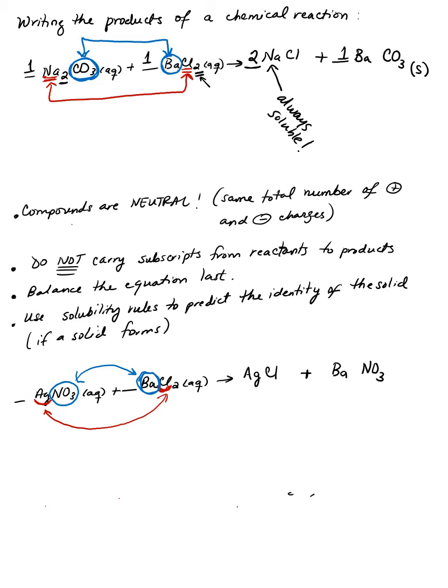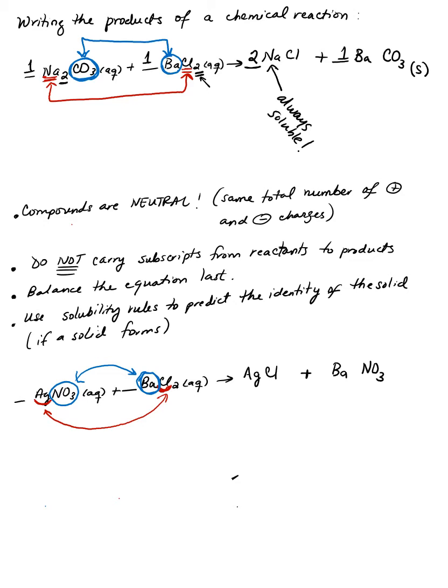You have subscripts on the reactant side, but you're not transferring them. You're finding if you need any subscripts depending on which ions you're combining. Ag is +1, chloride is -1. Since you have the same charge, positive and negative, they cancel out and you don't need any subscripts for that one.